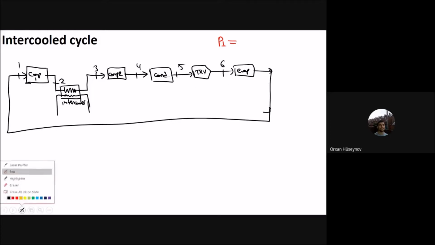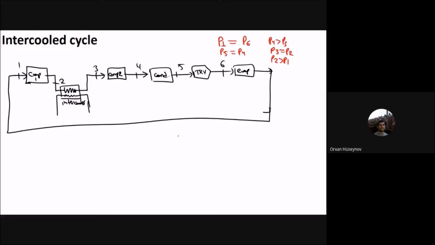P1 is the same as P6, okay, and P5 is the same as P4, and P4 is greater than P3, and P3 is the same as P2, and P2 is greater than P1. Okay. This P2 or P3 value, they are the same. It is intermediate pressure.